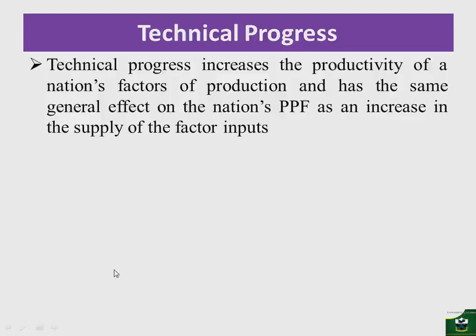Now, if we improve technology, it means that the amount of labor or the capital that we will need in the production process will be reducing because we will rely on the new technology. And therefore, less factor inputs will be needed to produce the same levels of output.